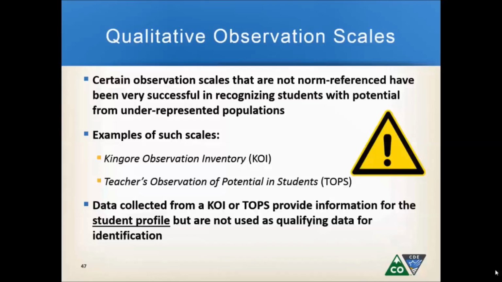Now, important to note that data collected from KOI or TOPS provides information to build the student profile and perhaps move the student forward in the assessment practice, but we do not use that data as qualifying data for identification.